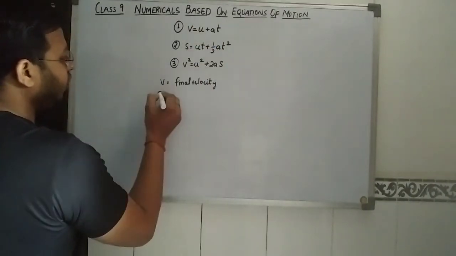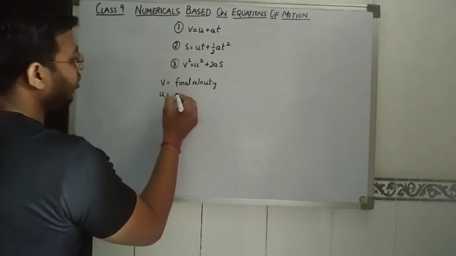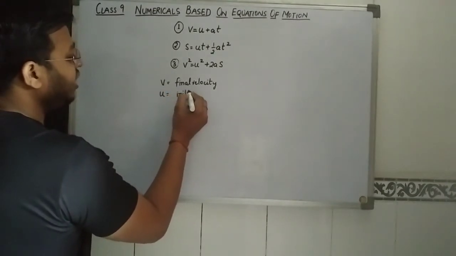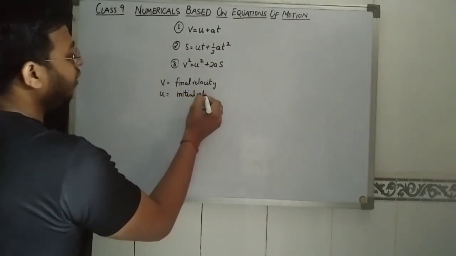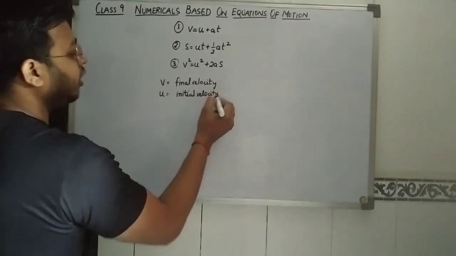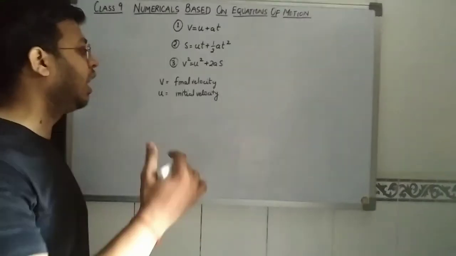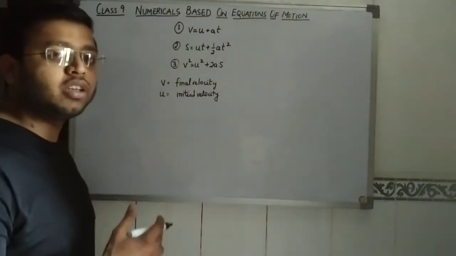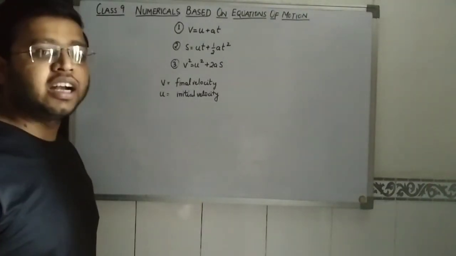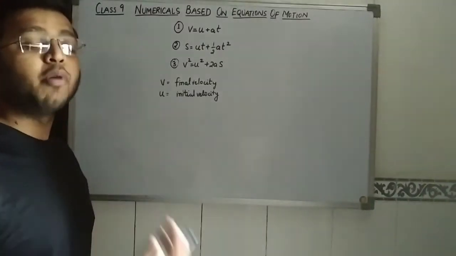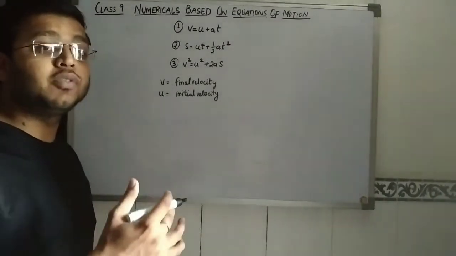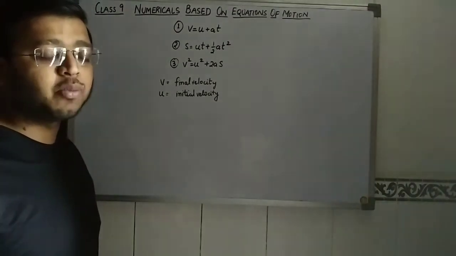In the same equations, what will U be called? U will be called the initial velocity. Initial velocity means the velocity from which the object is starting when you have started your observation. And the final velocity is that velocity which the object has at its destination, or the point of the motion where the journey has been completed.